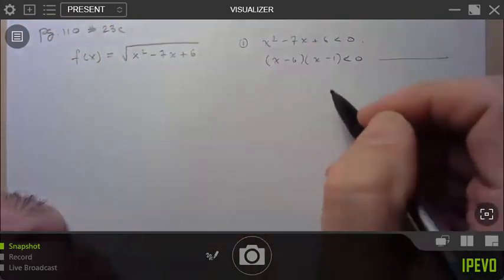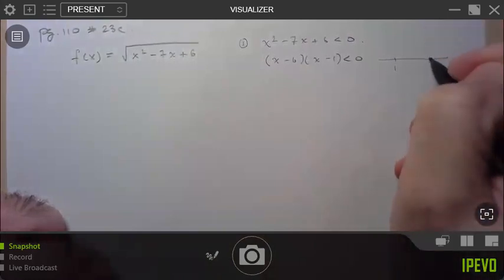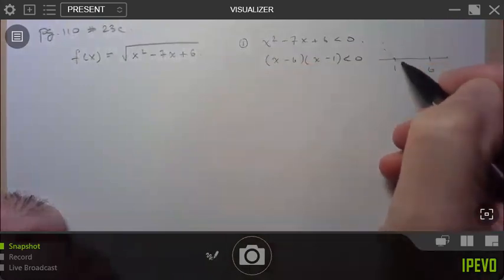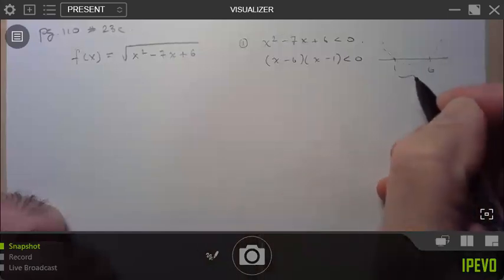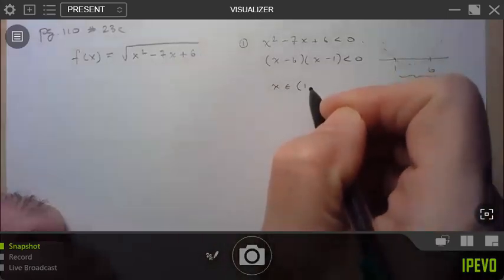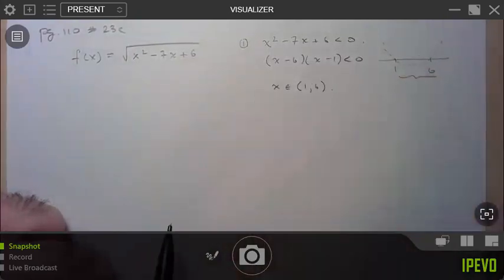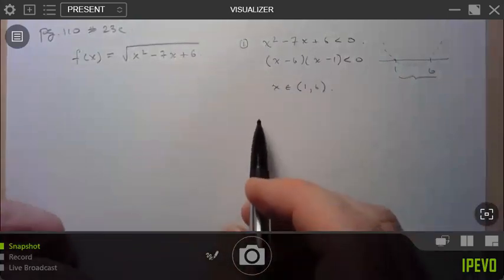And here we know that the only places it can change sign is at 1 and at 6. And since it's a positive leading coefficient, my quadratic looks like this. So that means anywhere between 1 and 6, this function is not differentiable. Why? Because it's not even defined there, okay?